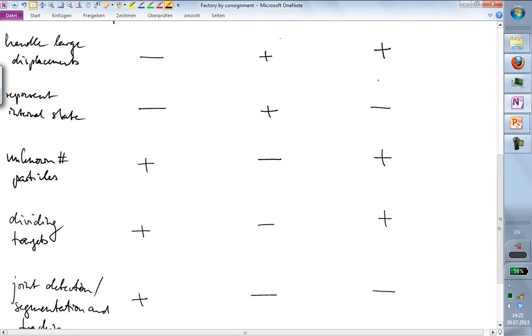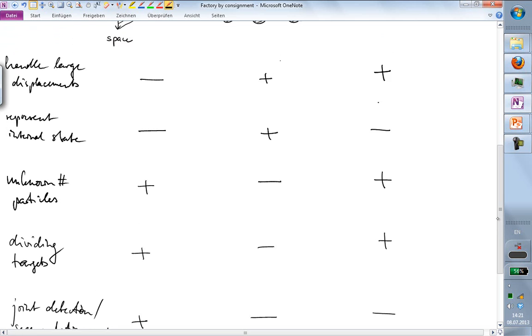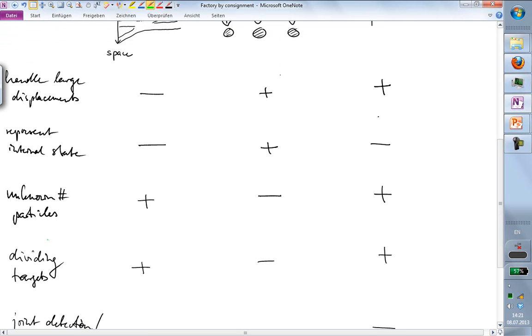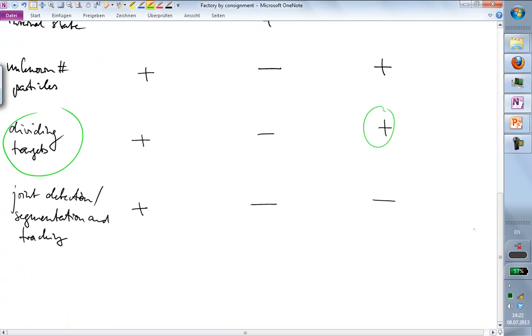However, in our own work, we deal a lot with dividing targets, and the data resolution is low. So if I want things that can divide, and if I want to allow for large displacement between time frames, then you see I have a plus here and a plus there. This is why we went for tracking by assignment methods. And I want to explain in some more detail how this works.